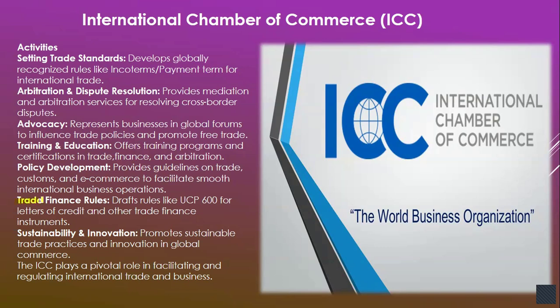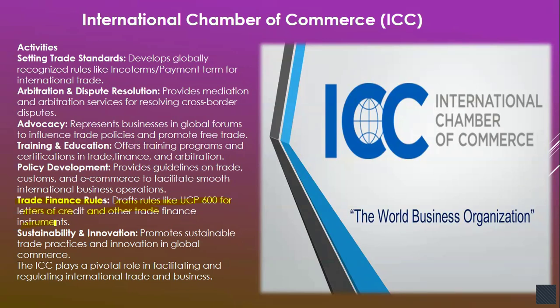Then trade finance rules. They draft rules like UCP 600, letters of credit, and trade finance instruments. We know that there are a lot of clauses mentioned in the letter of credit, which come under UCP 600. These rules are drafted by the Trade Finance Committee of the International Chamber of Commerce.